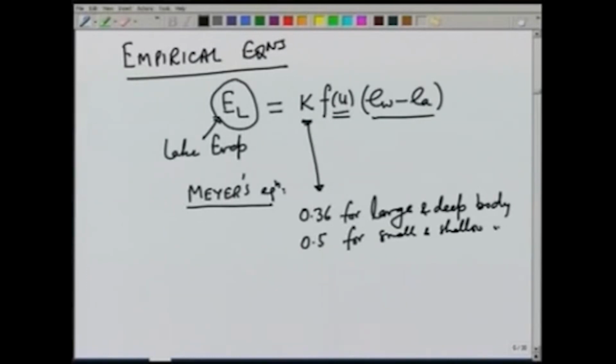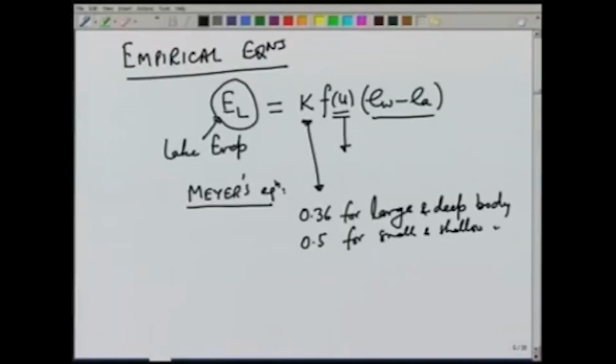So, if the water body is large or deep, we can use 0.36, otherwise 0.5. Fu is a function of the wind velocity, and in Meyer's equation it has been given as u9 over 16.